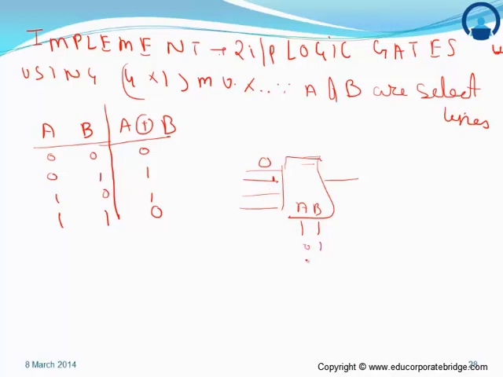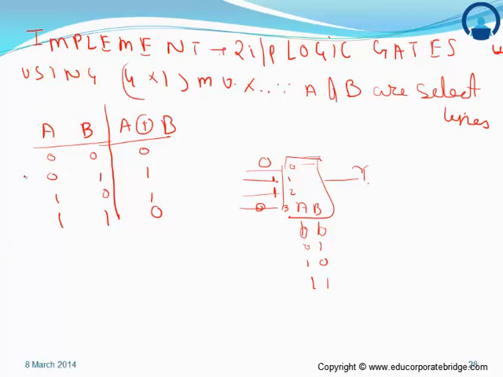If A is 1, B is 0, our input should again be 1, that is, line number 2 is selected. This is line number 0, 1, 2, 3. And when 1 1, that is line number 3 is selected, the input should be 0. This is the output.